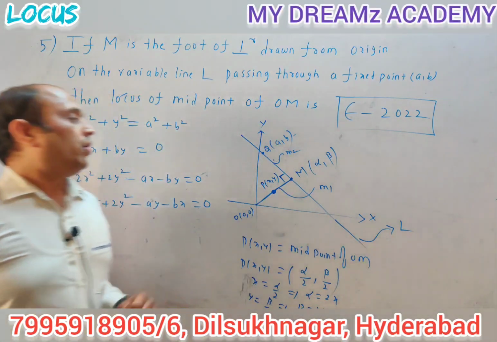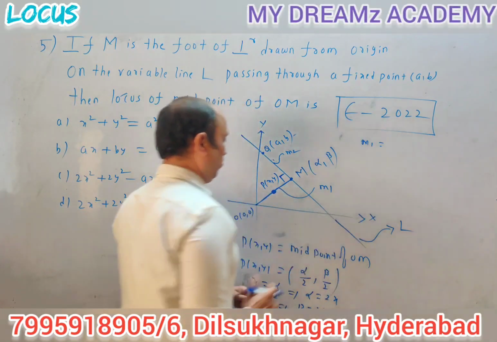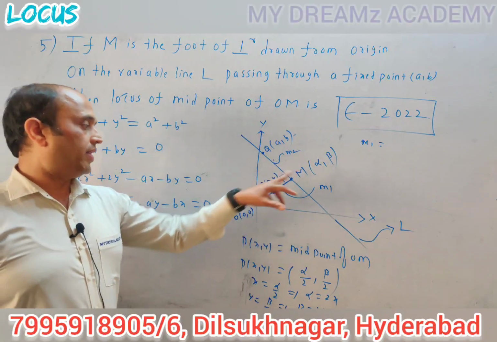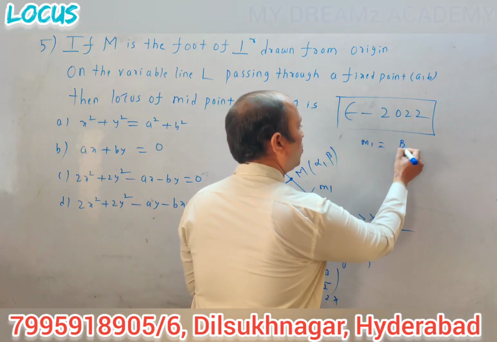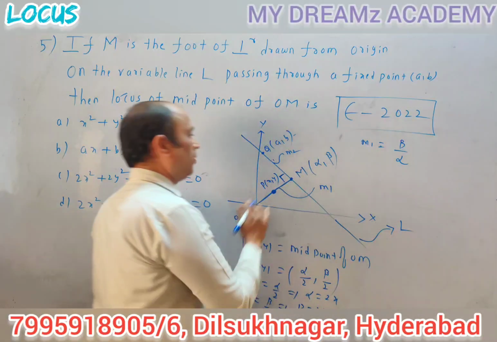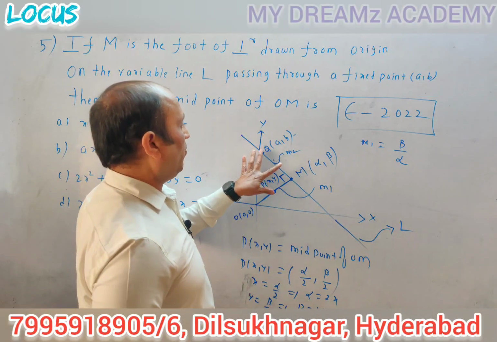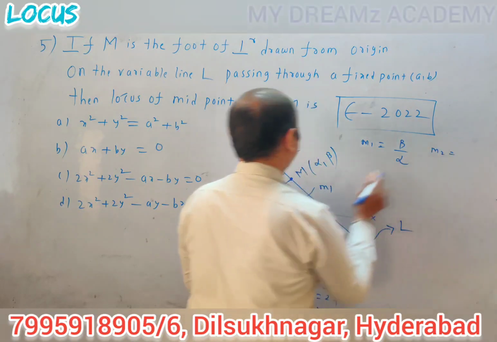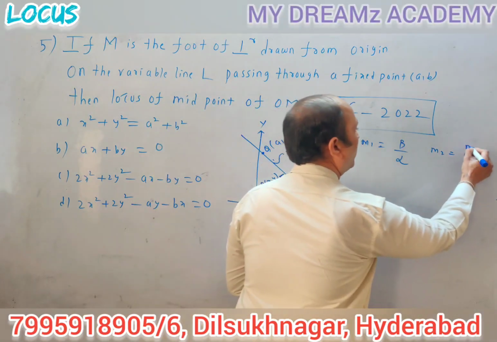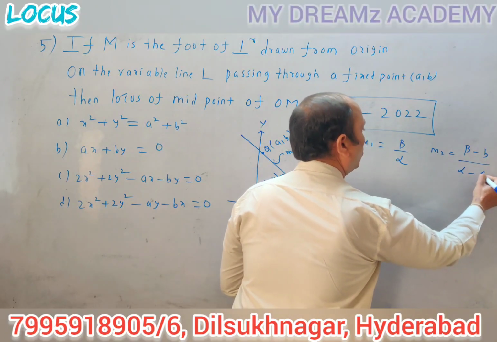Now, what is m1? Slope of OM is y2 minus y1 by x2 minus x1, that is equal to beta by alpha. This is m1. m2 is the slope of QM, y2 minus y1 by x2 minus x1.